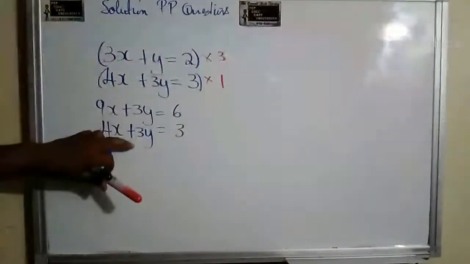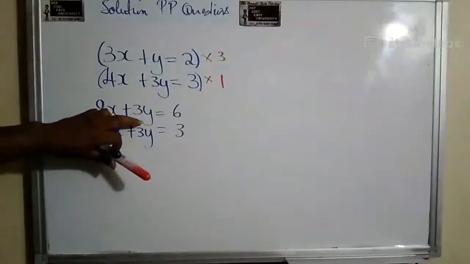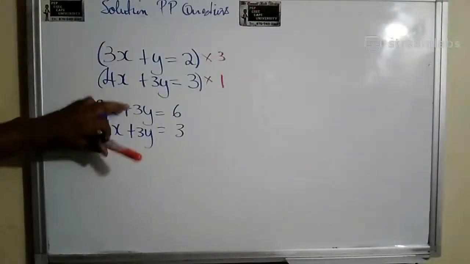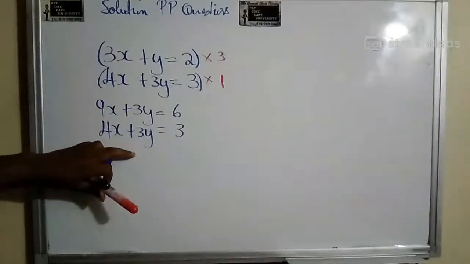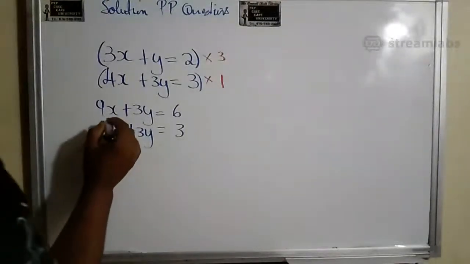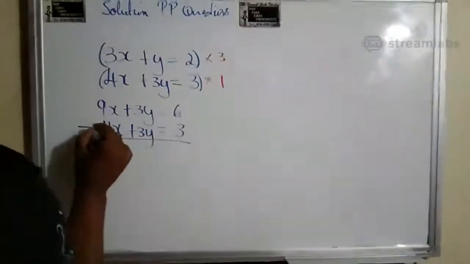What sign can we put in the middle to make this 0? Is it plus? What is 3y plus 3y? That's 6y, so we cannot use that. So we have to use subtraction. But what we do, we subtract all, not just one.